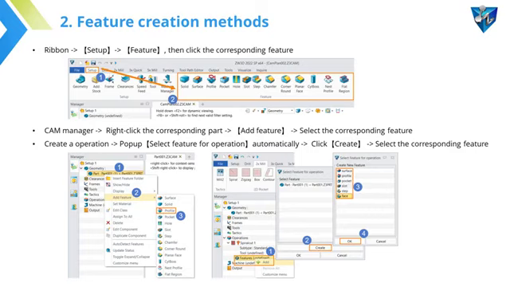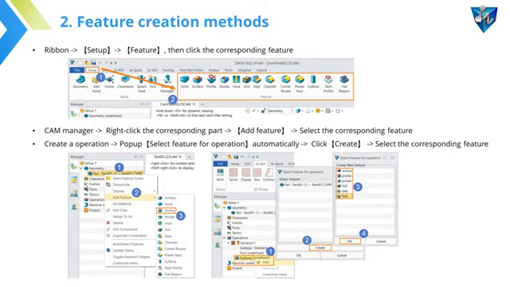In the last page, I've introduced feature overview and feature type. You may want to know how to create features for tool path calculation. So in this page, I will show you the methods to create features. There are 3 methods in total. Actually, in the images below, I have listed them step by step. First one, click the corresponding feature under the Setup tab in the Ribbon.